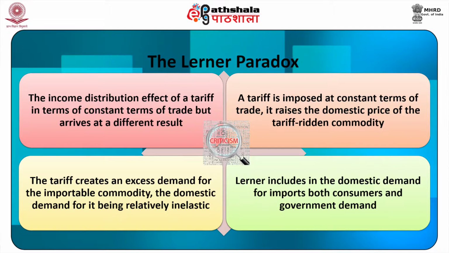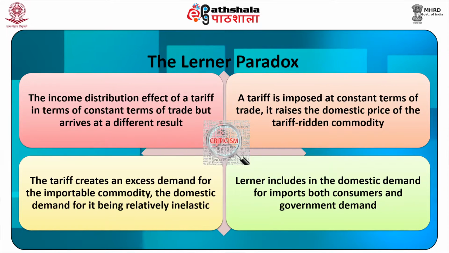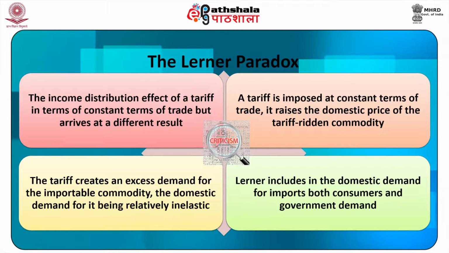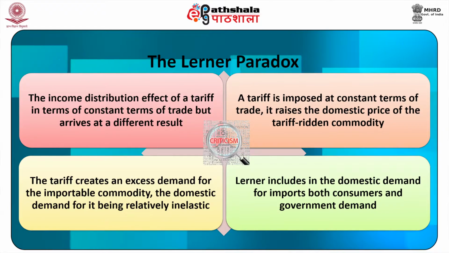The Lerner paradox, like the Stolper-Samuelson theorem, explains the income distribution effect of a tariff in terms of constant terms of trade but arrives at a different result. When a tariff is imposed at constant terms of trade, it raises the domestic price of the tariff-ridden commodity.